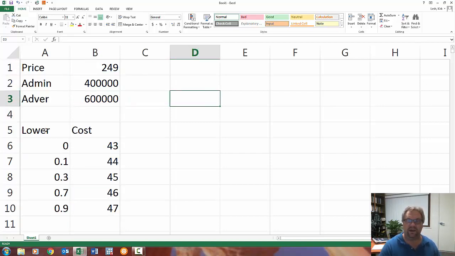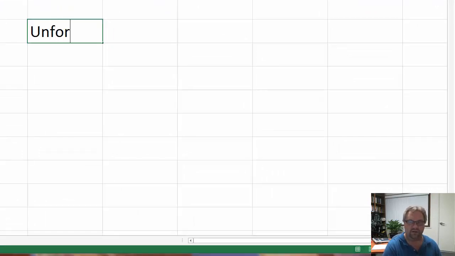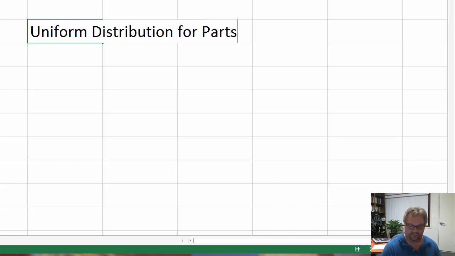And then I need to create some inputs for my continuous uniform distribution for my parts, and then my normal distribution for demand. So I'll say here my uniform distribution for parts.